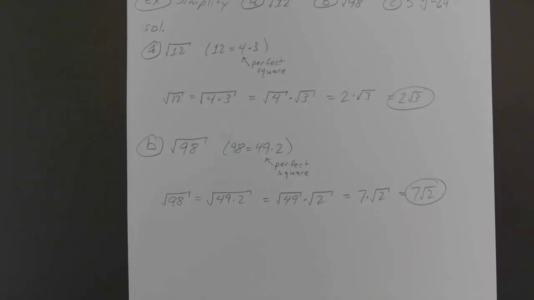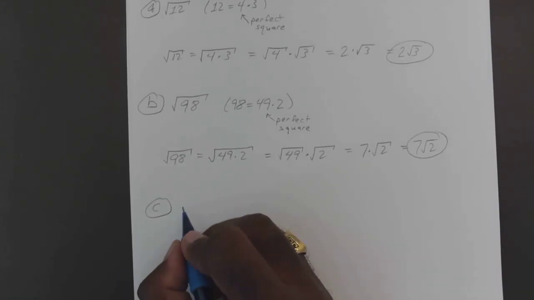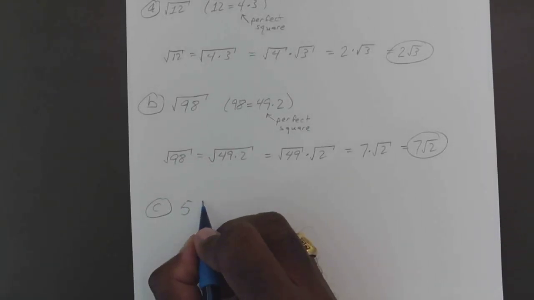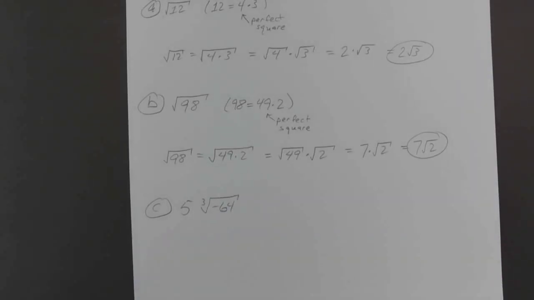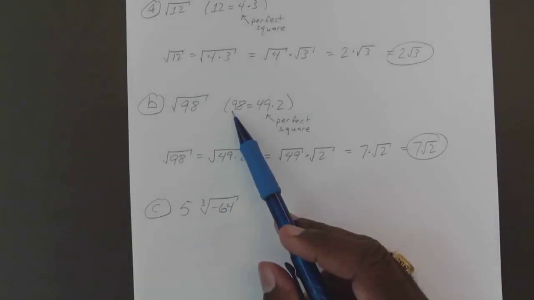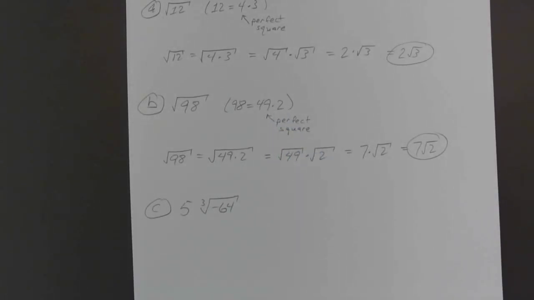All right. Now for C, we have 5 times the cube root of negative 64. So before we were looking for perfect squares because we had a square root. Now we want to find a perfect cube somewhere in there, which for negative 64, negative 4 times negative 4 times negative 4 gives us that perfect cube.